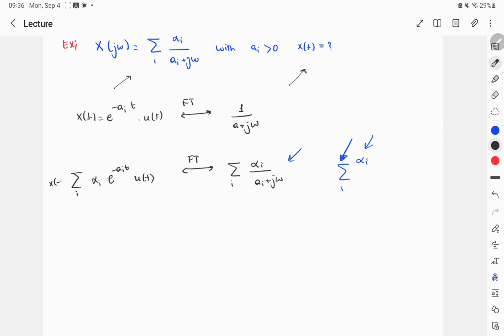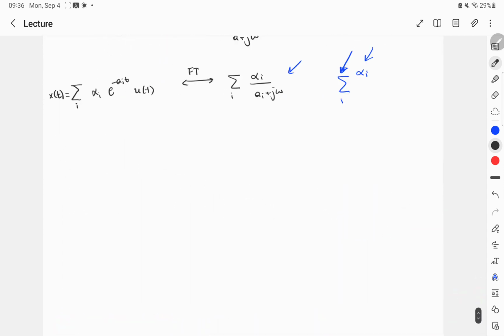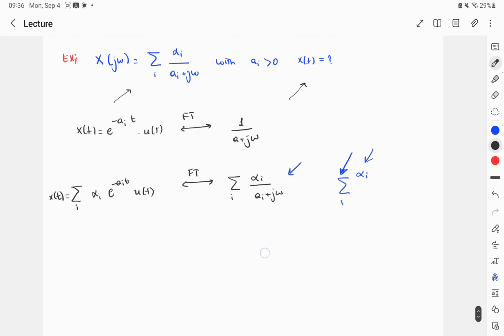And this one will give us our function. And our example is finished now. As we can see, we could find the function out from the Fourier transformed series by using the linearity property.